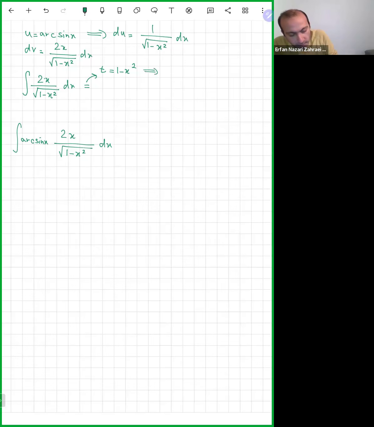Then dt, it's derivative of 1 minus x squared, is minus 2x dx. So if I do this substitution, this is t, so it's root t in the denominator. And this all together, 2x dx, it's this, which is minus dt.